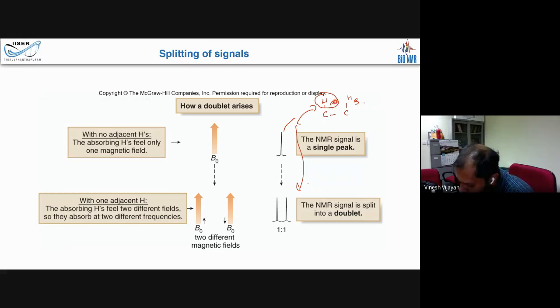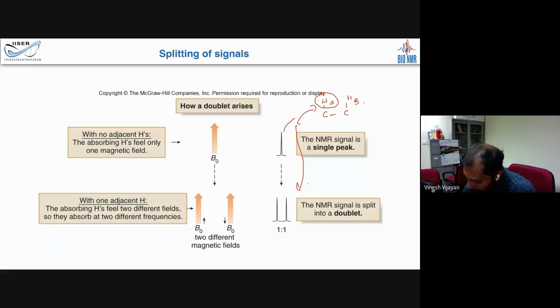Now, how does this coupling work? This energy depends on the polarizability, or the electron density, of the bonding electrons of this CH bond, which then influences the electron spin states of this CC bond, which then influences the spin state of this CH bond's electrons, which then polarizes the HB.